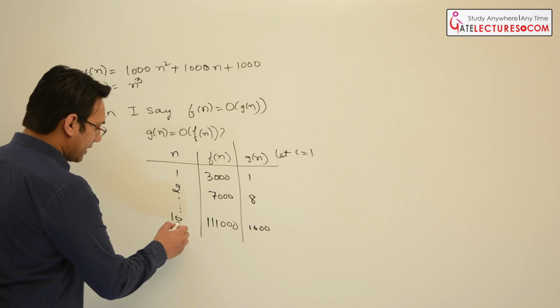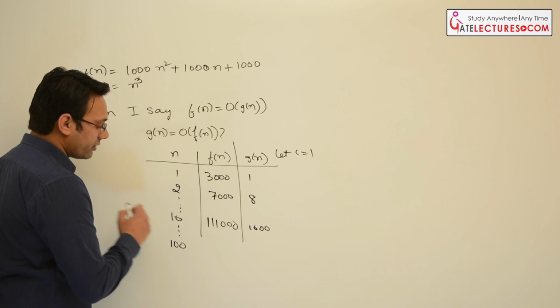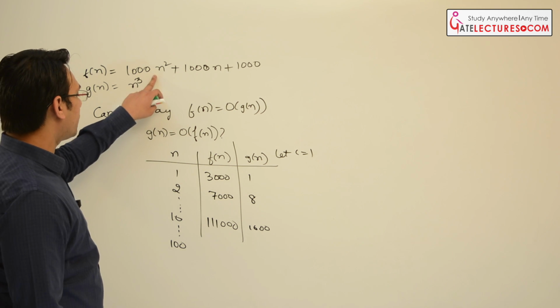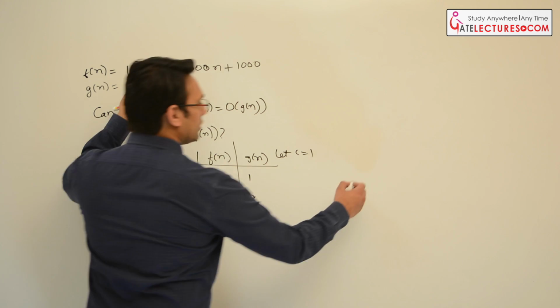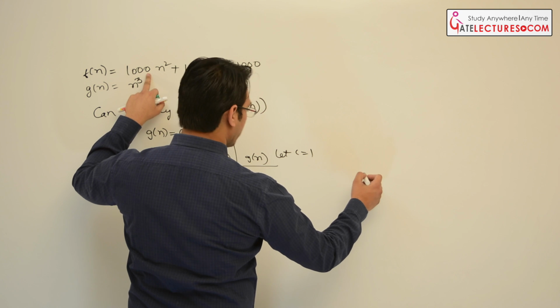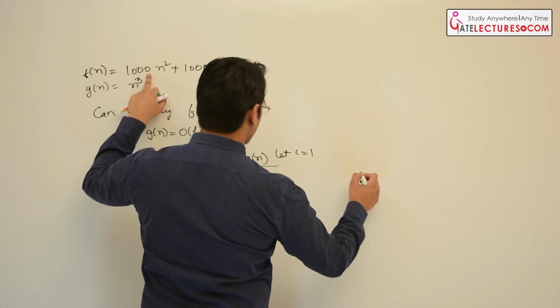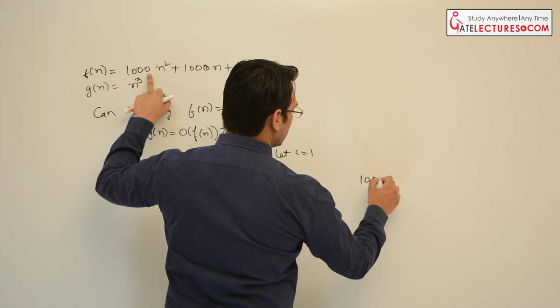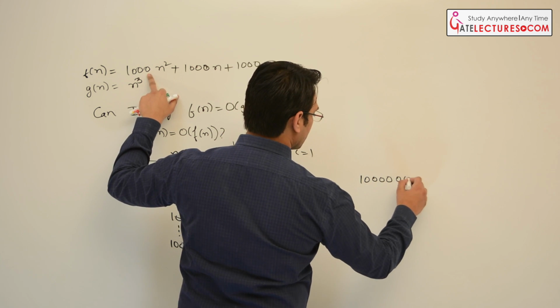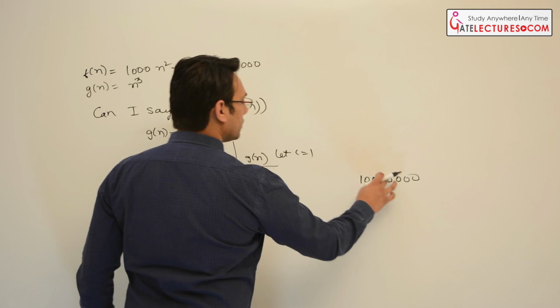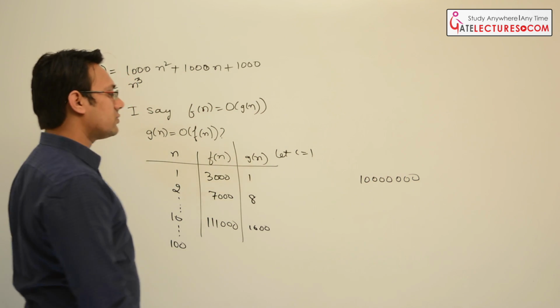Now if I increase the value of n, let us suppose n becomes 100, then how much will this value become? This will become 100 square into 1000, and this much, so it is 1 million.